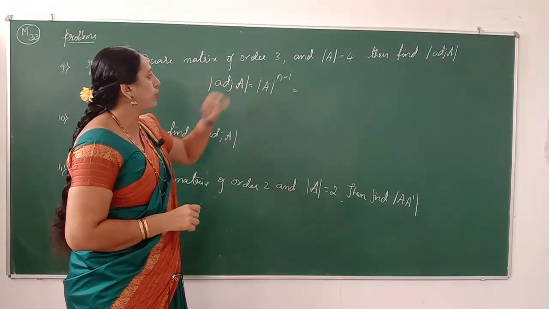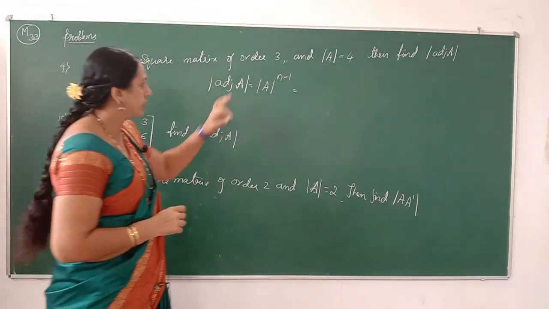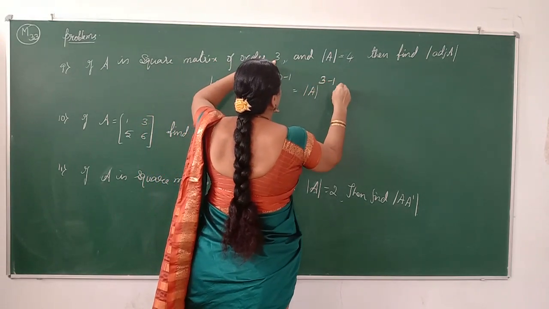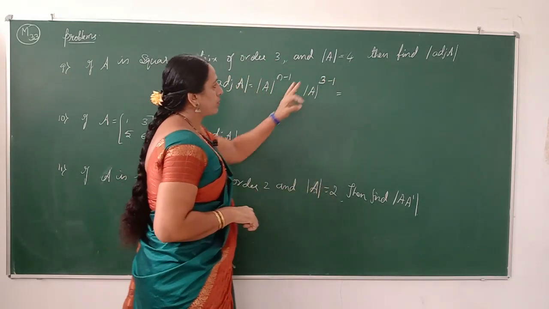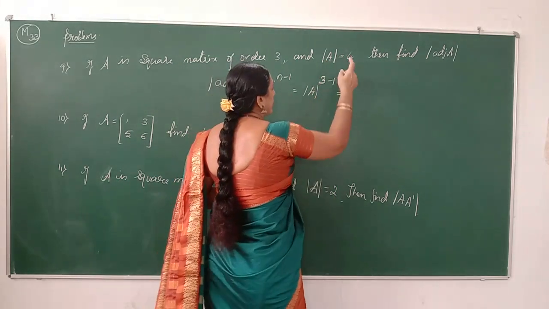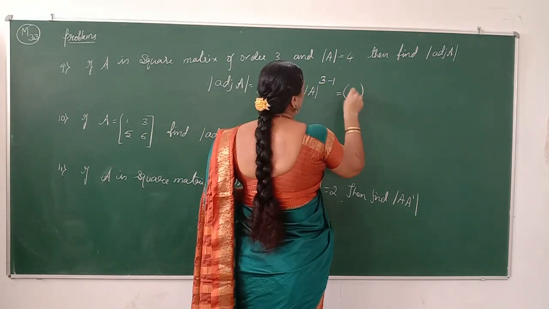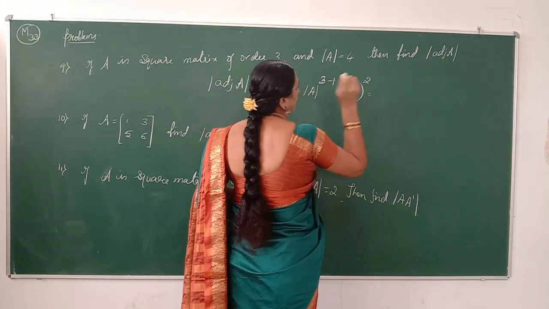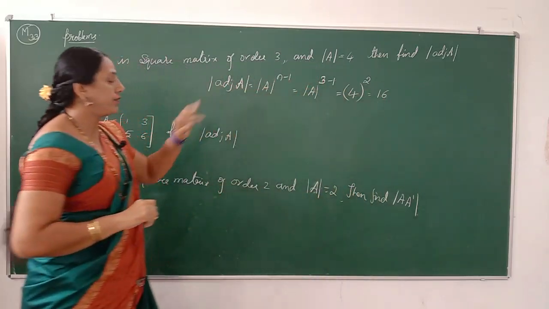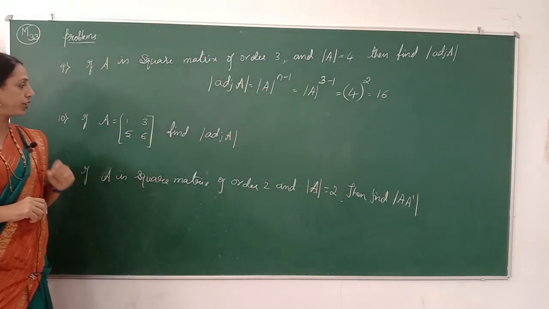In the given problem, the order of the given matrix is 3. Therefore determinant of A whole to the power of 3 minus 1. It is also given that the determinant of A is 4, so 4 to the power of 3 minus 1, which is 2. Therefore 4 square is equal to 16. That is the value of determinant of adjoint of A.